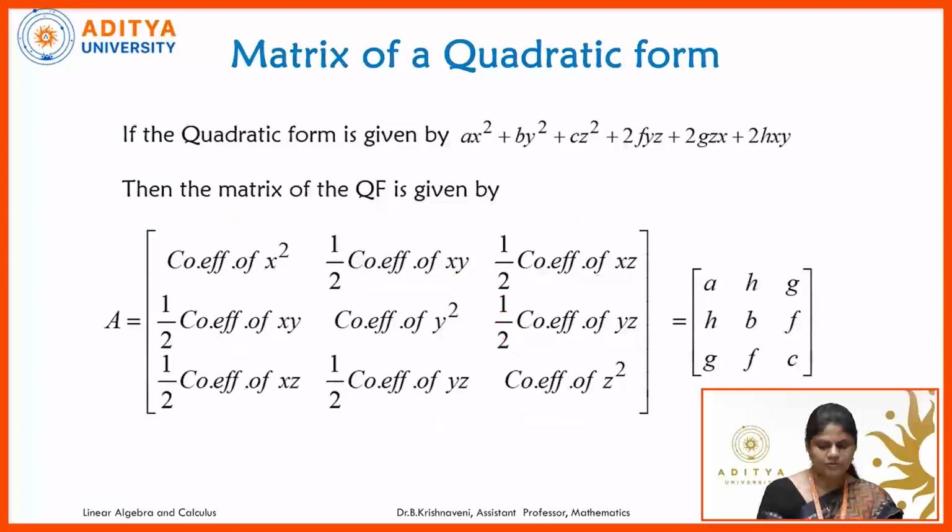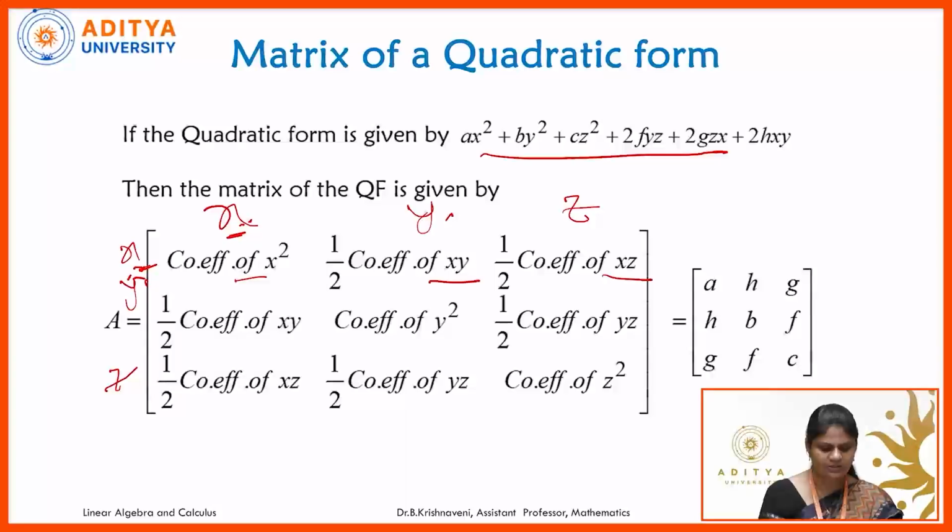Hope you have understood. After getting the quadratic form in the given variables, represent each row and each column with the given variables. The first row represents x square, x into y is xy, x into z is xz. Second row: y into x is xy, y into y is y square, y into z is yz. Then z into x is xz, z into y is yz, z into z is z square.